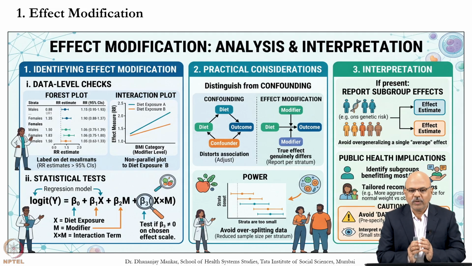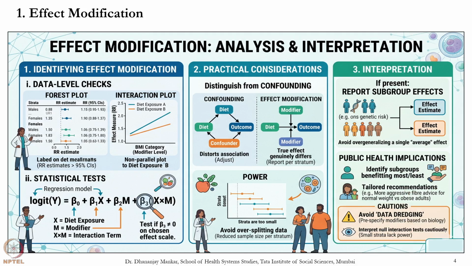You may also find a power issue, so avoid over-splitting data, which reduces the samples per stratum. So you may see confounding versus effect modification as distinguishing. In interpretation, if present, report subgroup effects, with an effect estimate for each, avoiding overgeneralizing a single average effect.